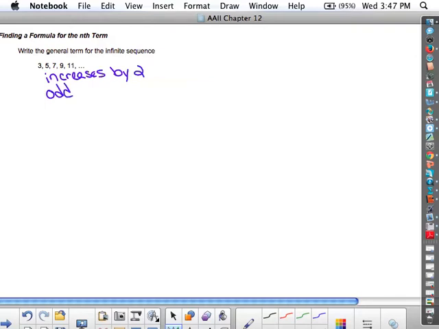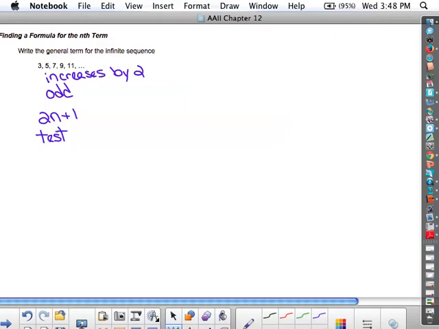When I see that, it makes me think I can take a number and double it and add 1, because that will give me an odd term. So you should test and see if this works. 2 times 1 would be 2, and then if I add 1, I would get my 3. So test that, see if that formula works.